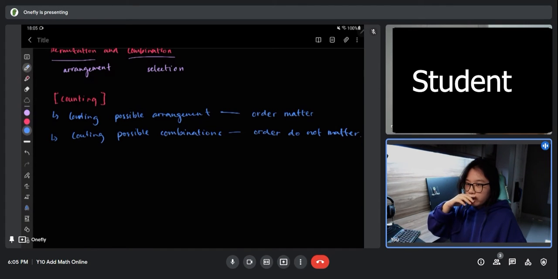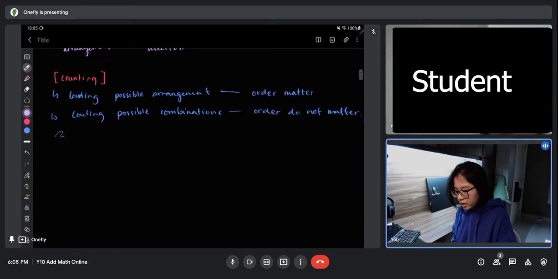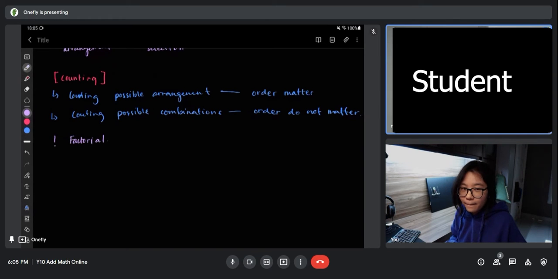So before we talk about permutation and combination, I think you'll be familiar with this also. You are introduced to the factorial. Can you tell me what the factorial does? For example, if you put 5 factorial, then you multiply 5 by 3 to 1.